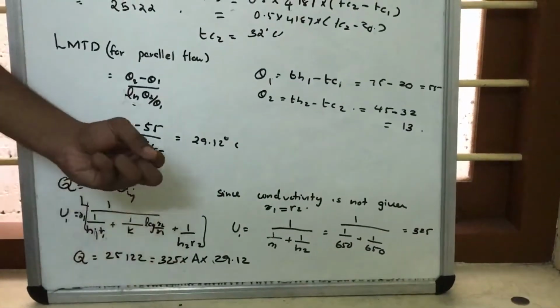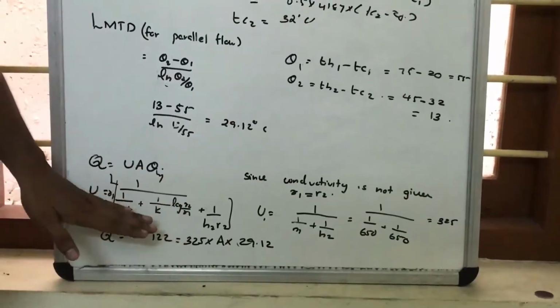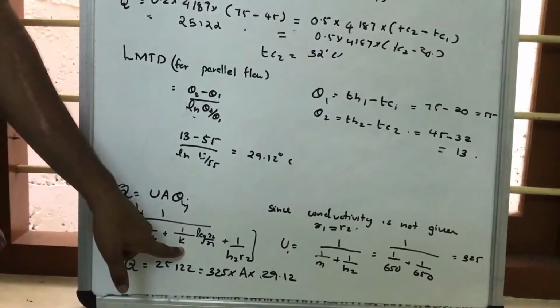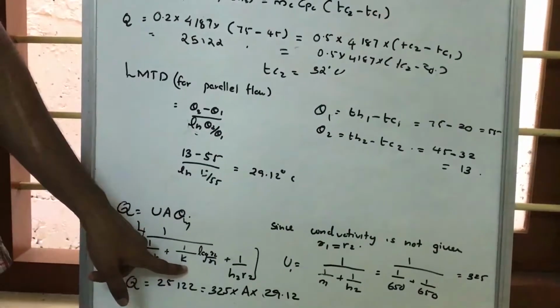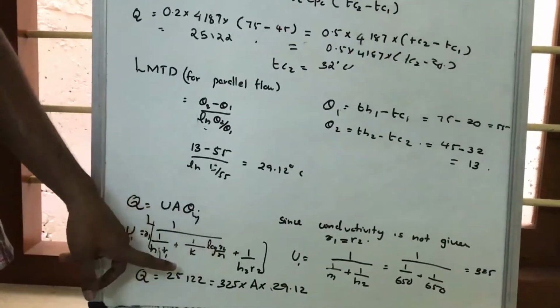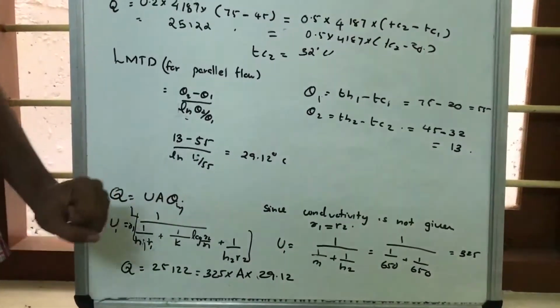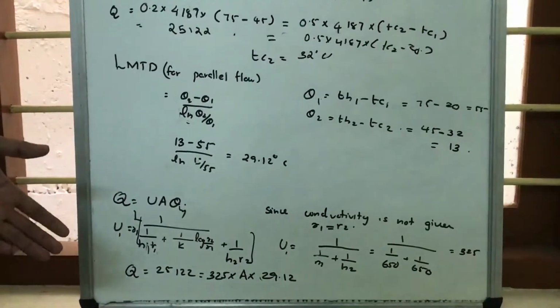This equation is written for composite cylinders. But here the conductivity of the wall is not mentioned in the question, so we will neglect this term. We also take R1 approximately equal to R2, because no values are given for R1 and R2 in the question.